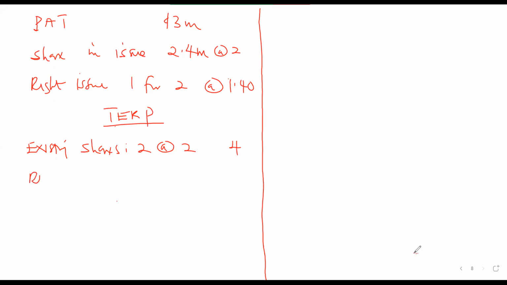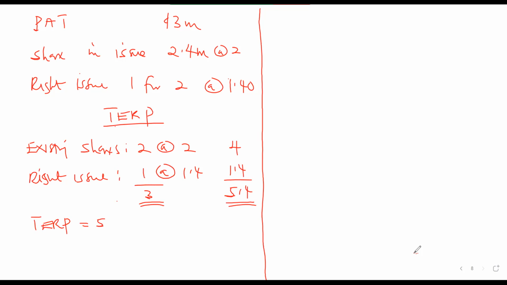The right issue will be 1 at 1.4. So this will give us 5.4 and this will give us 3. So our theoretical ex-rights price will be 5.4 divided by 3. What are we getting? 9/5. Okay, so that will give us 9/5.